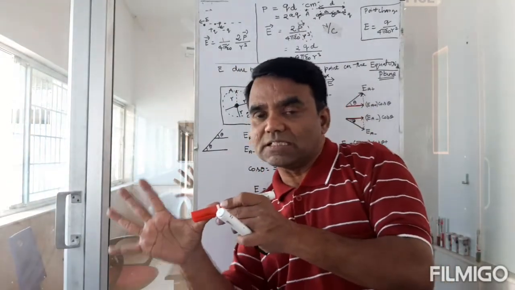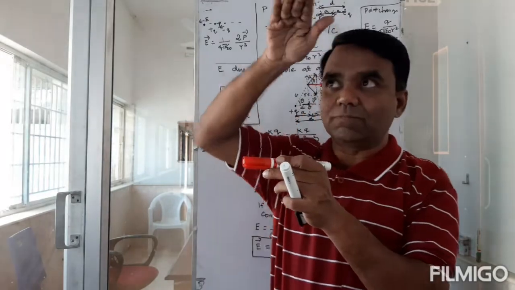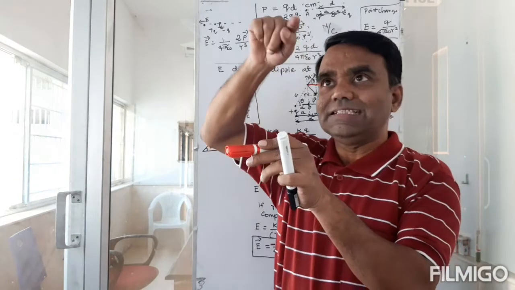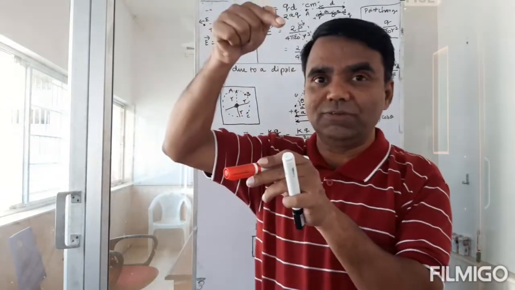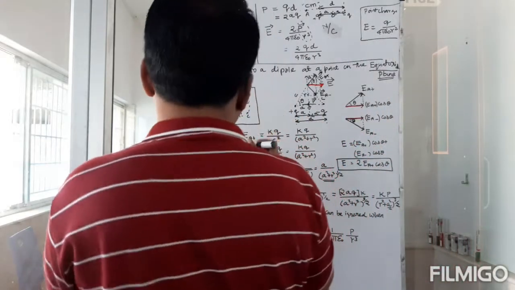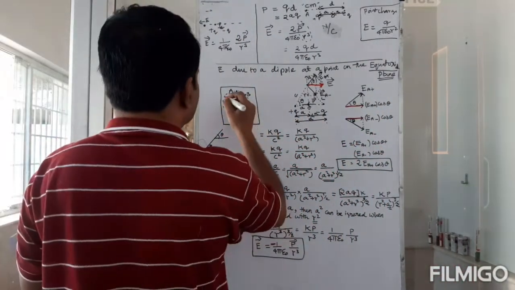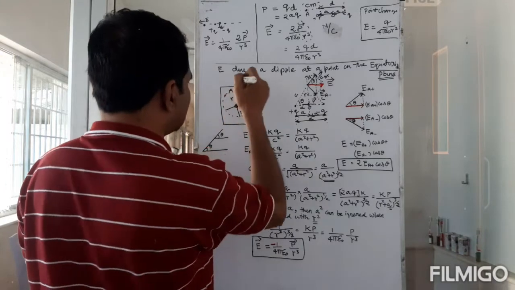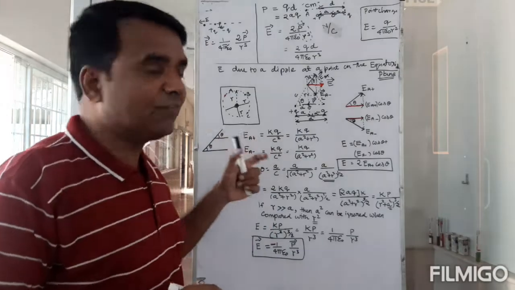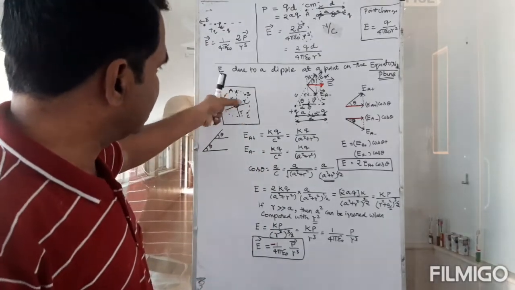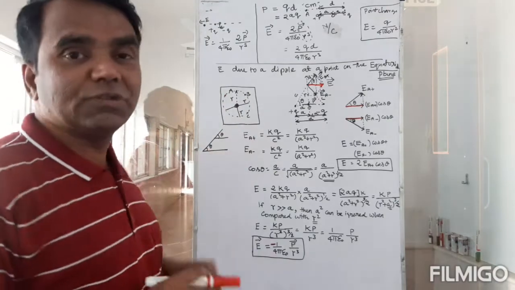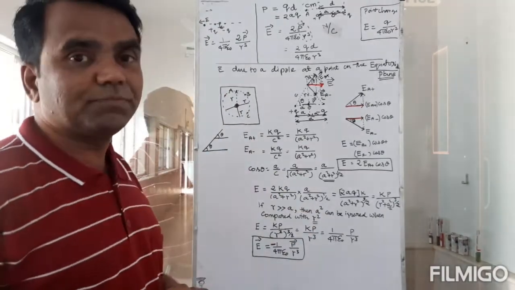But at the same distance on the equatorial plane, any point you take, this E value will be half of that E value and will also be in the opposite direction. So every point will have arrows coming towards you, but for the same distance along the axis, it is twice as much.